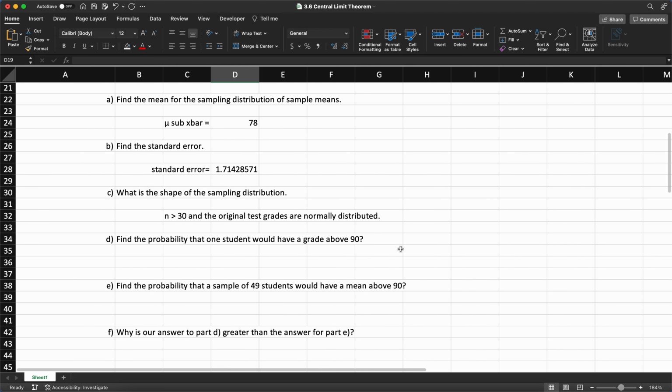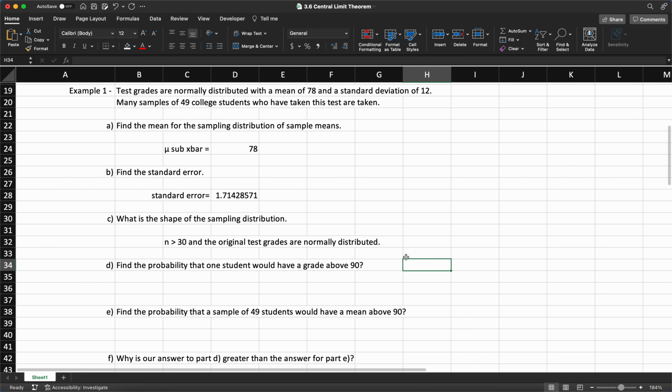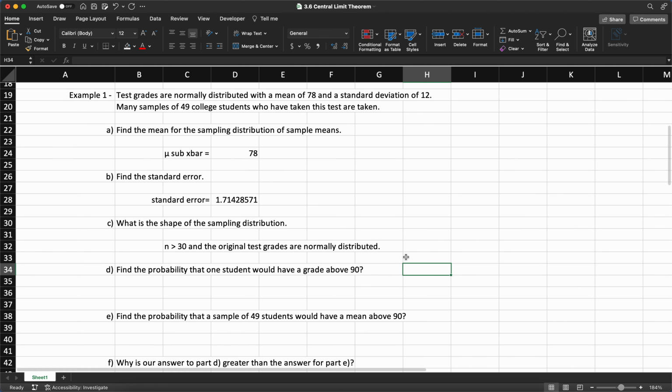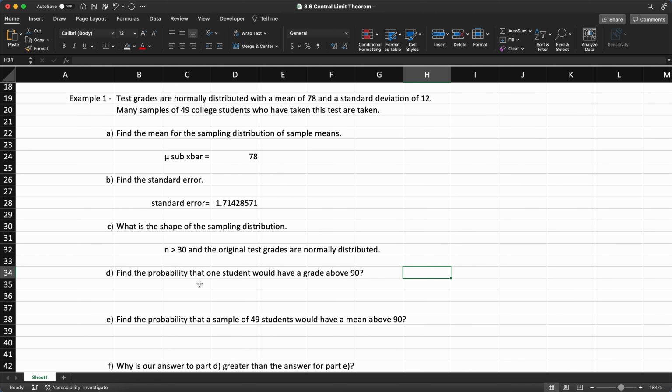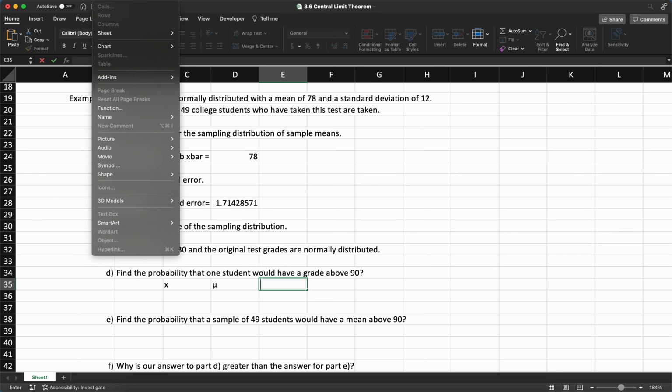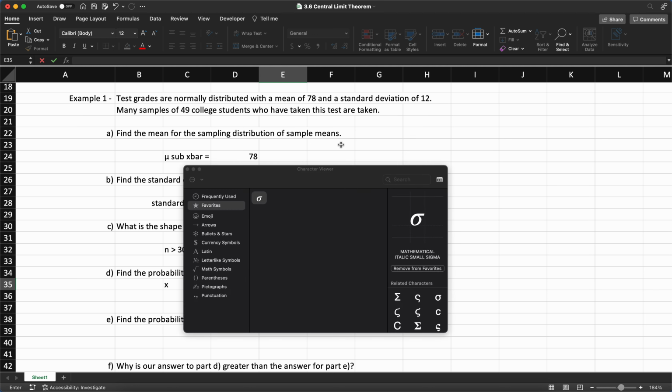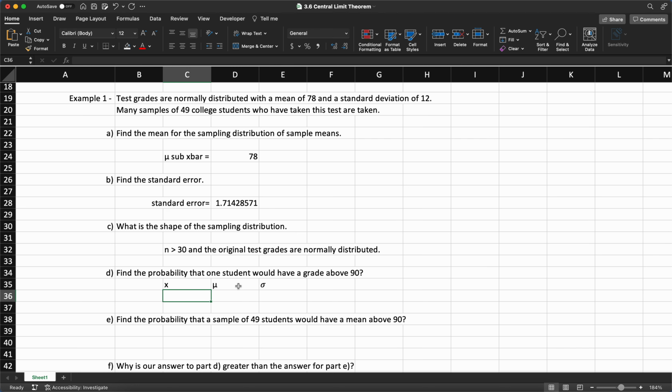Okay? So now, let's find the probability that one student would have a grade above 90. So this is review of stuff that we've already been doing. We know x, we know mu, we know sigma. So in this case, above 90, mu is 78. Sigma is 12.